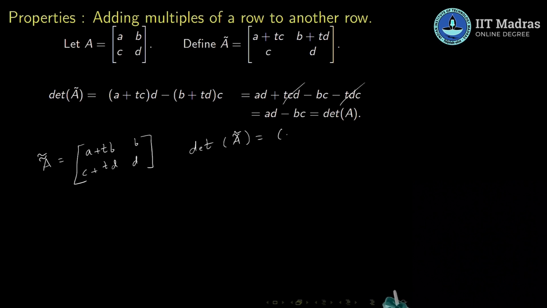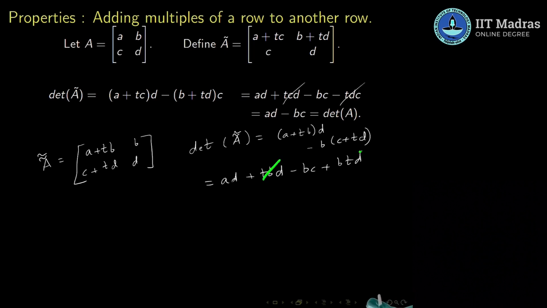So, that is the product of the diagonal entries, (A plus TB) times D, minus the product of the non-diagonal entries, which is B times (C plus TD). So, that gives us AD plus T times BD minus BC minus B times TD, and you can see what is happening.